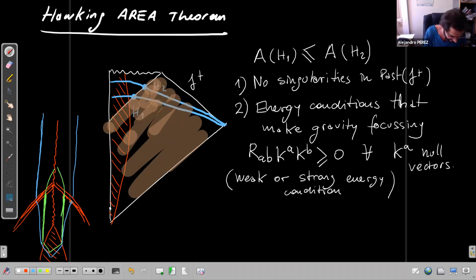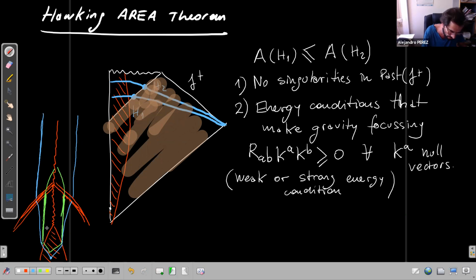So you see that the horizon I just drew here satisfies the area law. It's always growing in area. It starts like a point, it keeps growing, and then it stops growing. This is the content of the area theorem. So the true horizon has to be growing.